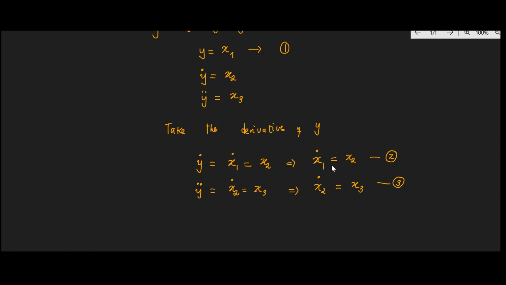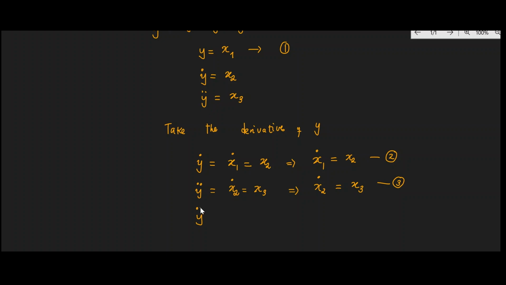All right, now remember that we have to find the derivative of these state variables. How many state variables do we have? We have 3 of them, right? So I've only found the derivative of x1 and x2. We haven't found the derivative of x3. Let's do the same thing. What if we differentiate the last equation, y double dot?